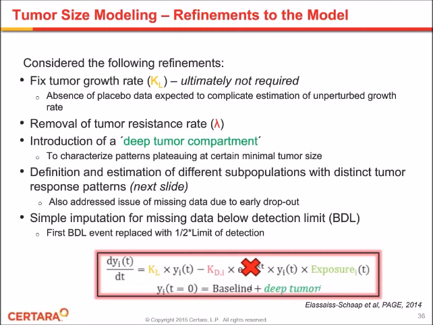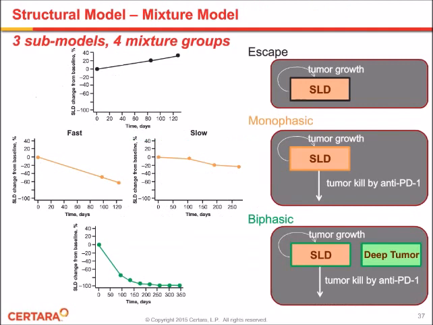The most important element that we actually introduced as a refinement was the definition of different subpopulations with distinct tumor size response patterns. I'll show those here. So what we used was a so-called mixture model in which we defined 3 types of submodels, all based on the same generic model developed by Laurent Claret.